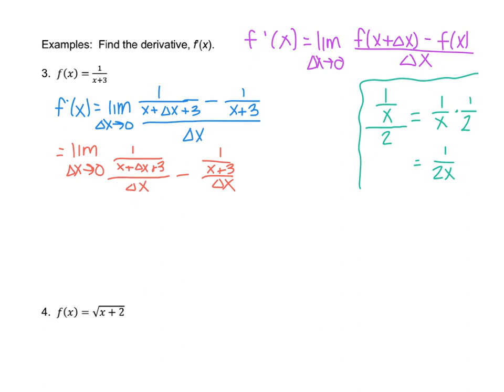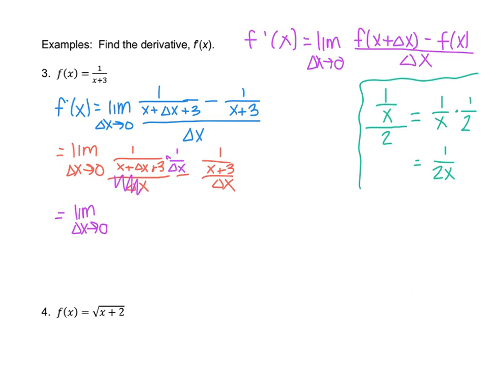What that's going to result in is an entire fraction, a single fraction. So again, instead of dividing by delta x, that's the same as times, let me write it up here so you can see, that's the same as times 1 over delta x.